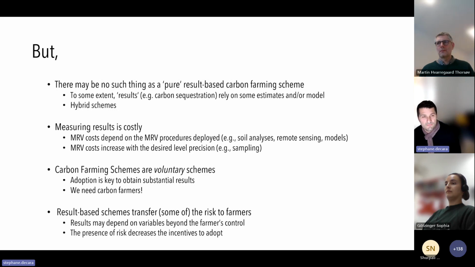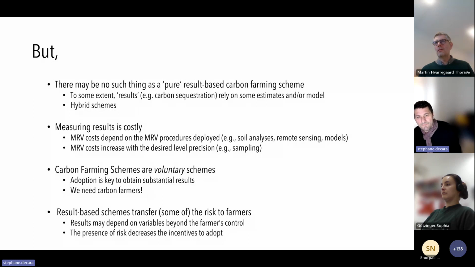So they can vary a lot across the different systems you implement. And also they're likely to increase with the desired level of precision. If you think again about sampling, the more sampling points you collect, the higher the precision, but also the higher the cost.